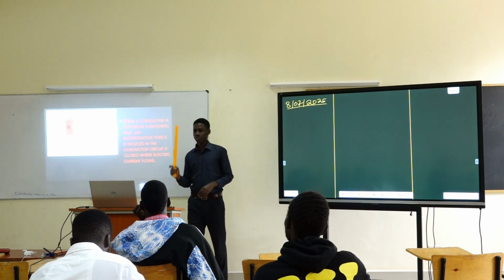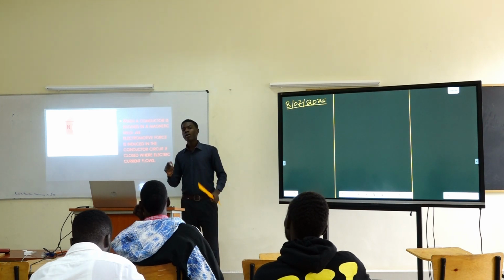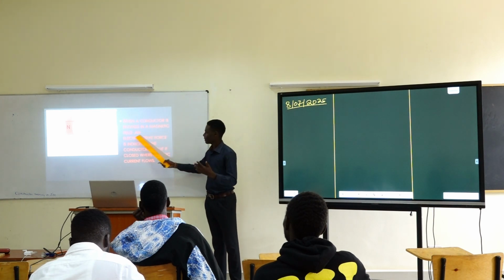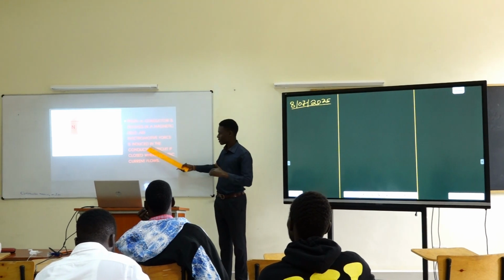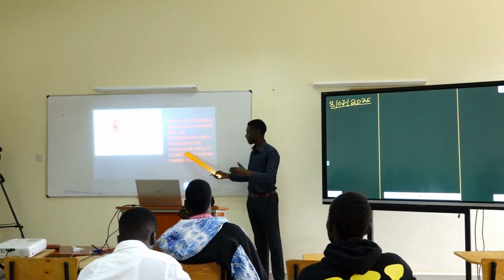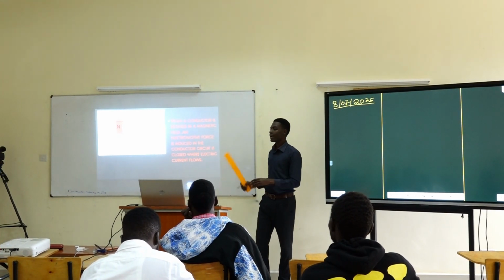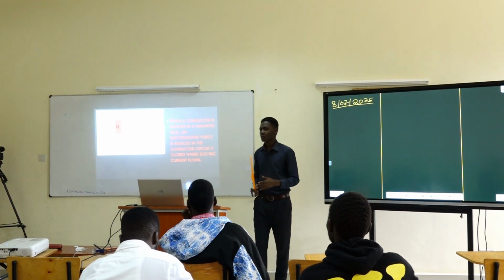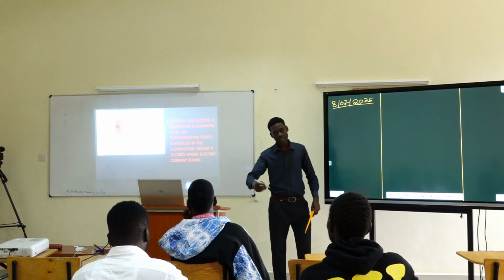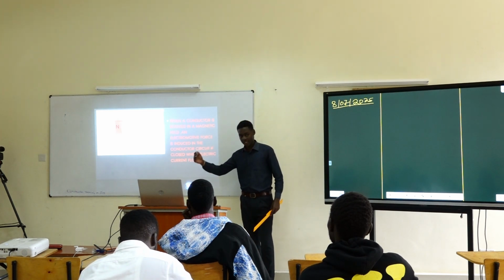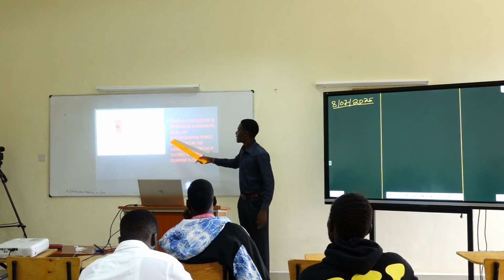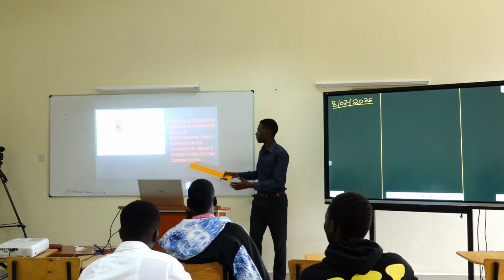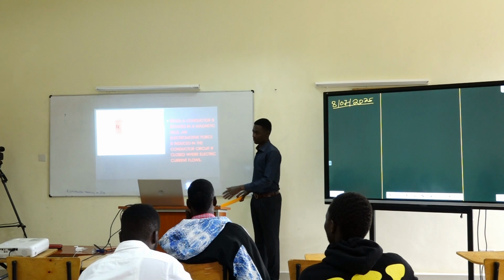So, Faraday's law states that when a conductor is rotated in a magnetic field, an electromotive force is induced in the conductor circuit, if closed, where electric current flows. I want you to understand, when a conductor rotates in a magnetic field, an electromotive force is induced in the conductor circuit, if closed, where electric current flows.